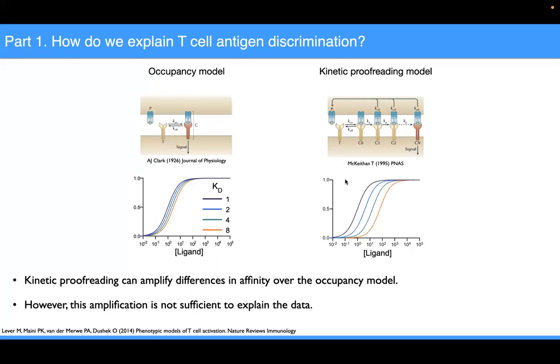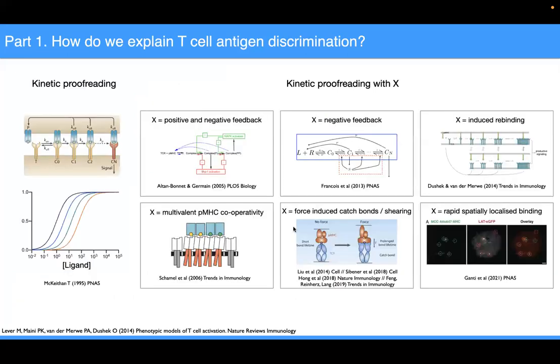And so when I was a student, it was sort of presented to me as a problem, a quantitative challenge in T cell immunology, which is what mechanisms must you augment this kinetic proofreading with to get this absolute discrimination so that even small fold changes completely abolish the T cell response. And this is basically where the field was a few years ago. I would say maybe, I guess, a year ago.